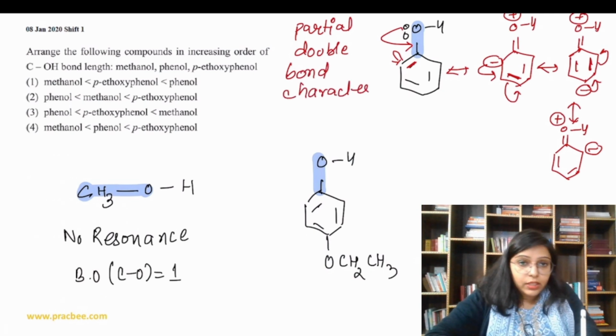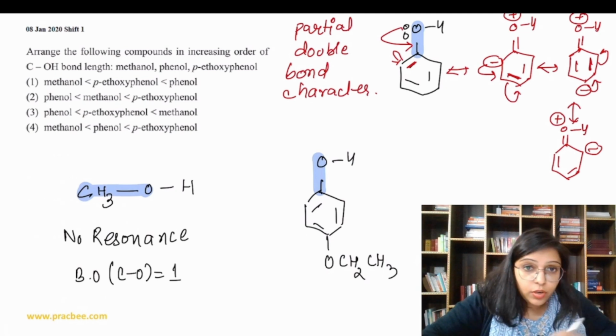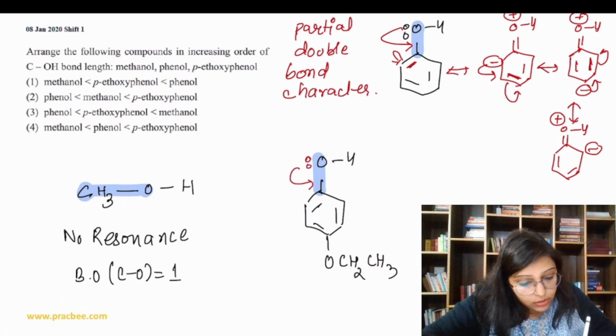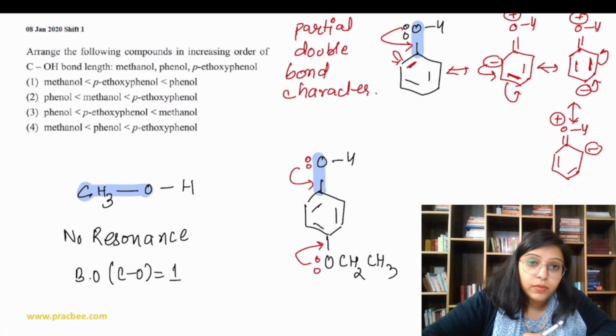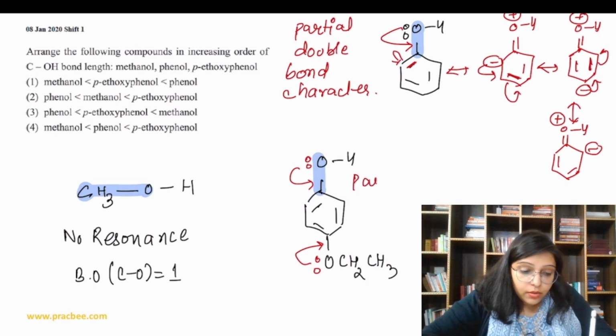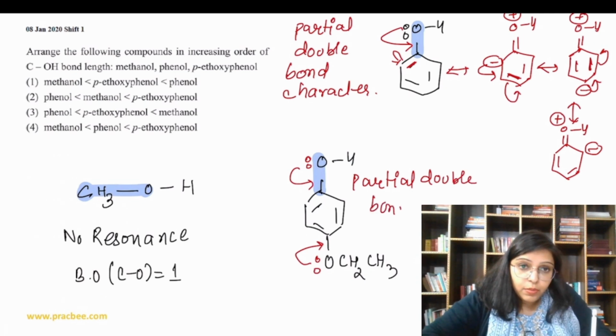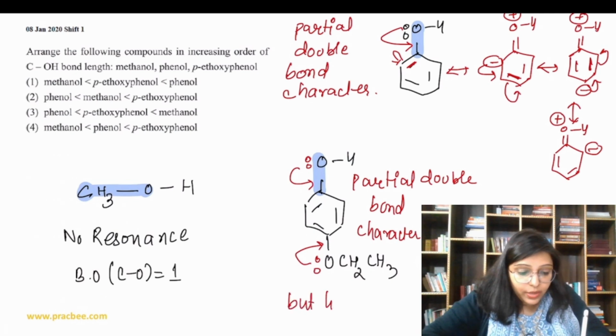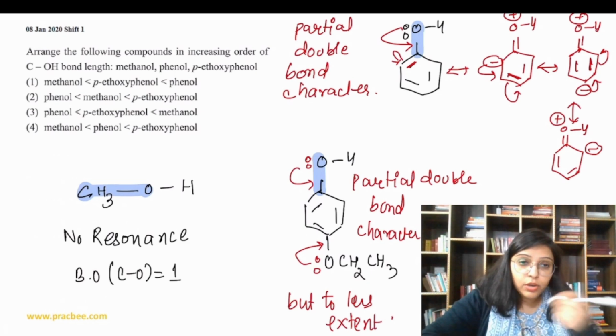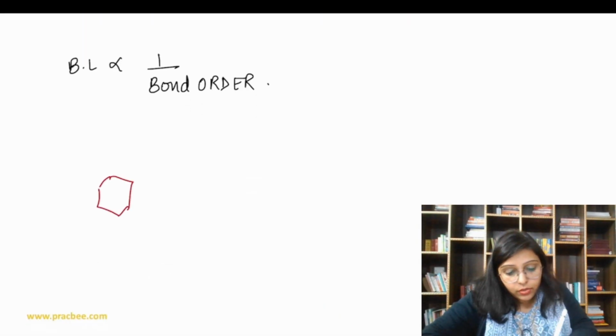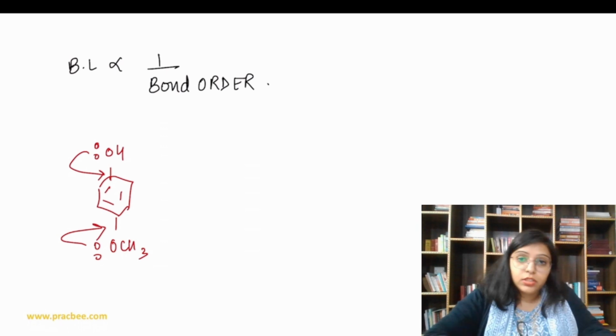Now let's check for para-ethoxyphenol. So here we can have resonance, even resonance can be from here, right? So here we have partial double bond character, but to less extent. Why? Because we have two electron releasing groups. We have OH and OCH3. So OCH3 can give electron, even the oxygen of OH can give its electron.